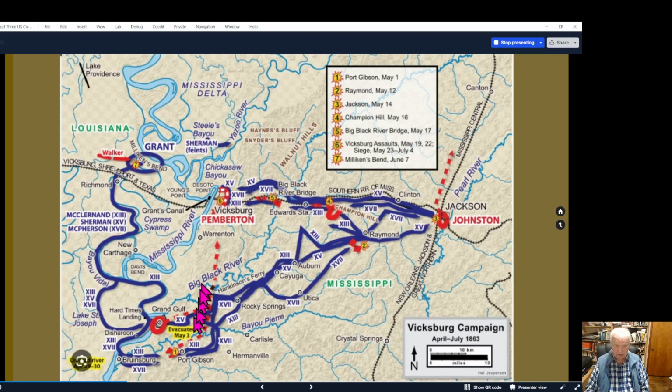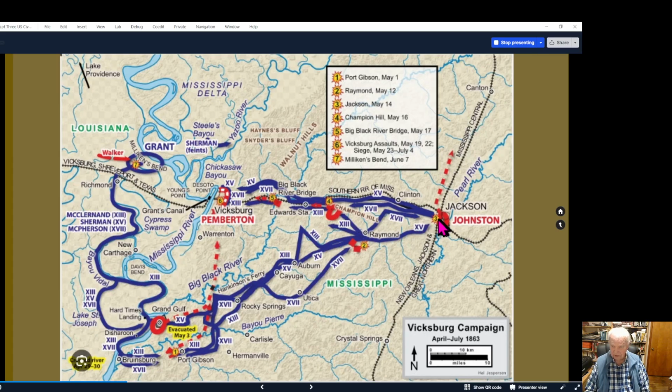And the assumption is that he's going to drive right up here, and the Confederates are kind of waiting for him. But he surprises everybody by driving over here to Jackson, where Johnston is coming down with Confederate forces to support Vicksburg.